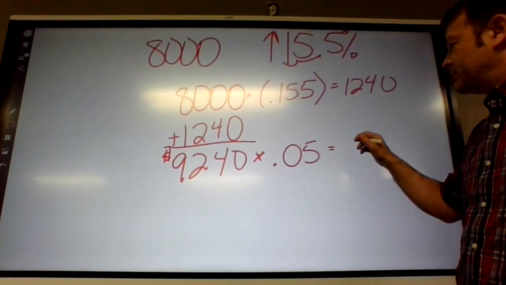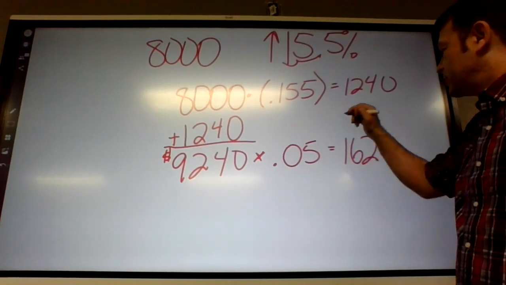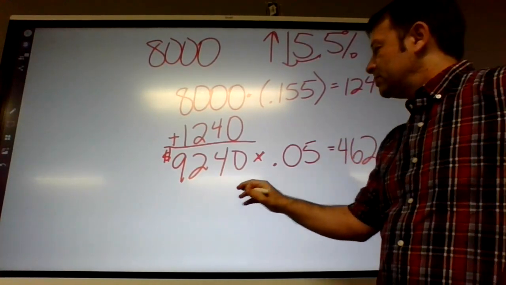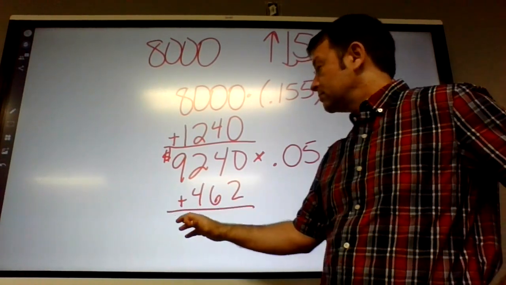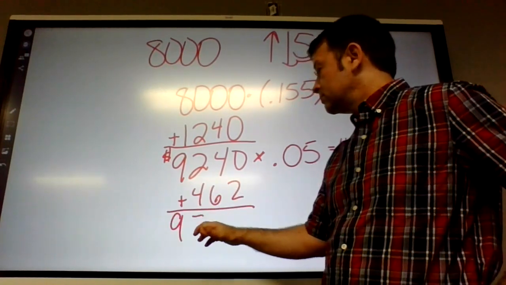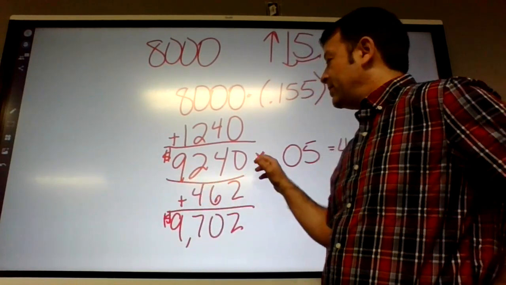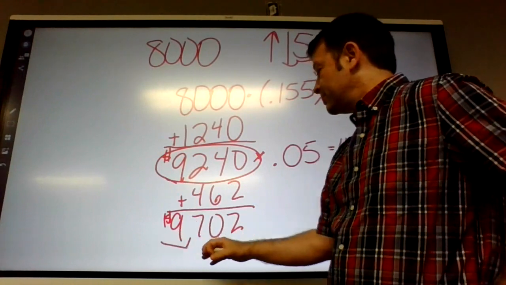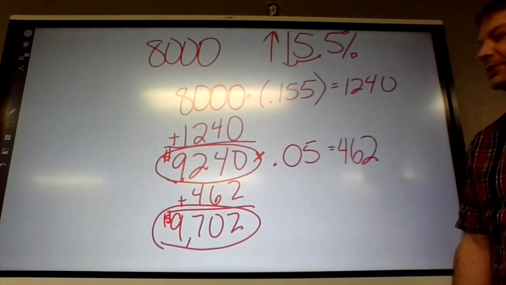Or just the tax. What was the tax? 462. That makes more sense. 462. Okay. There we go. So yeah, they actually asked for both these answers. What would the retail price be after the sales tax? What would it be?